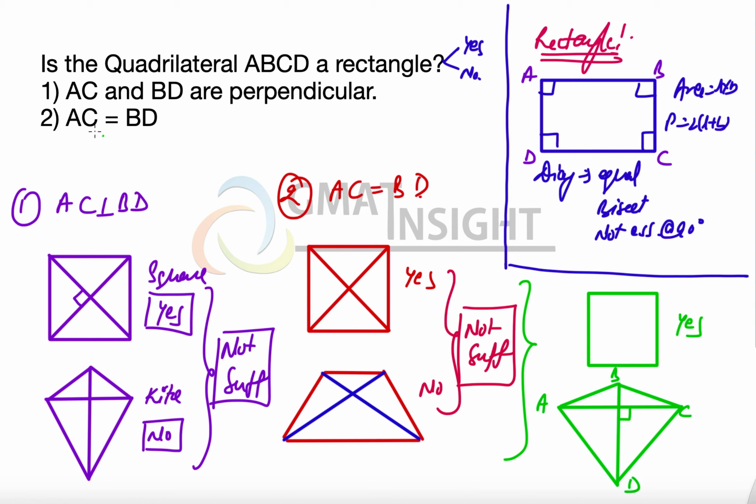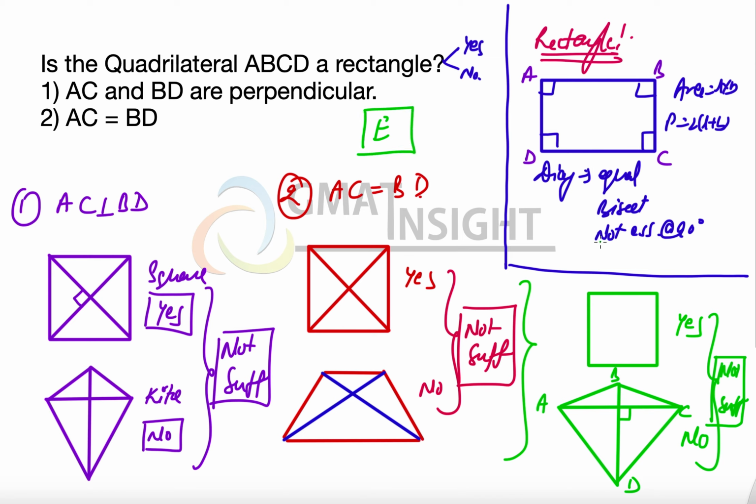This angle is 90 degrees and AC is equal to BD. I have taken these two sides exactly equal, and the answer to the question is no. So even after combining the two statements, together the statements are not sufficient, and therefore the answer to the question becomes option E. That means even after combining the two statements, they're not sufficient.